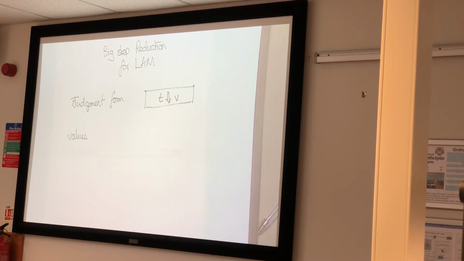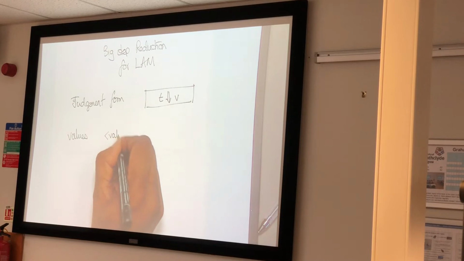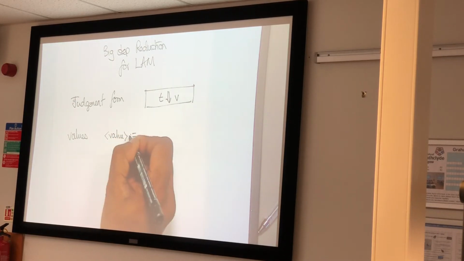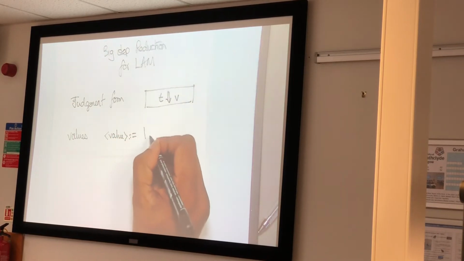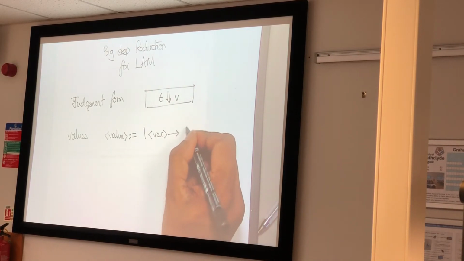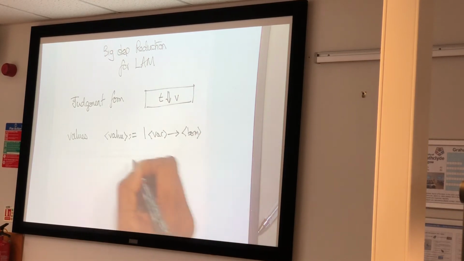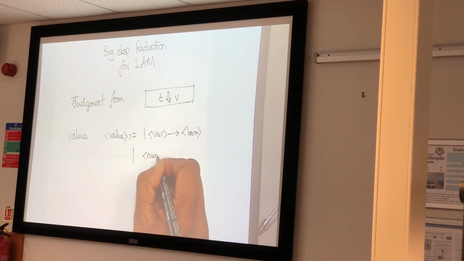Out of those, some will be values, and the values should be numbers, so that first of all they could be lambda abstractions. Okay, so there's two sorts of values. Of course, numbers are values, but functions are values as well, lambda abstractions.